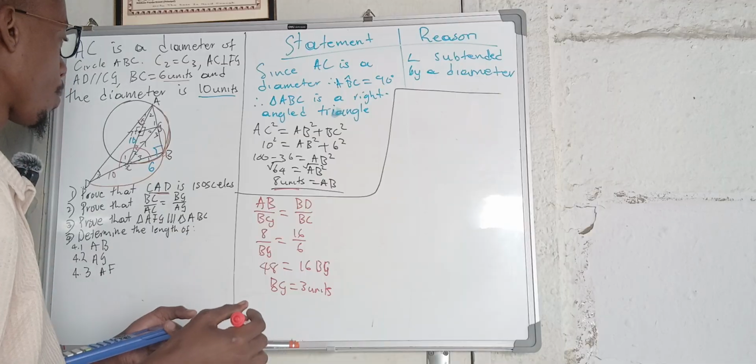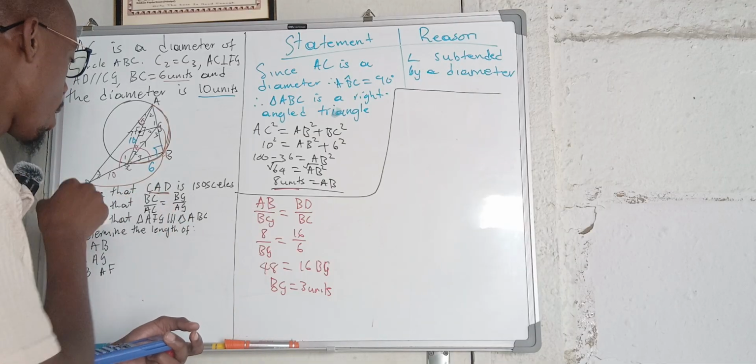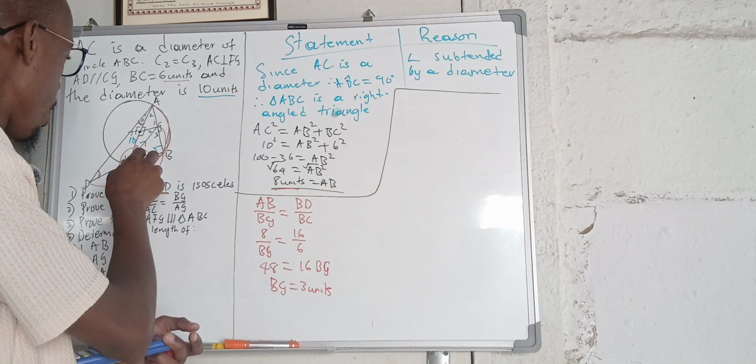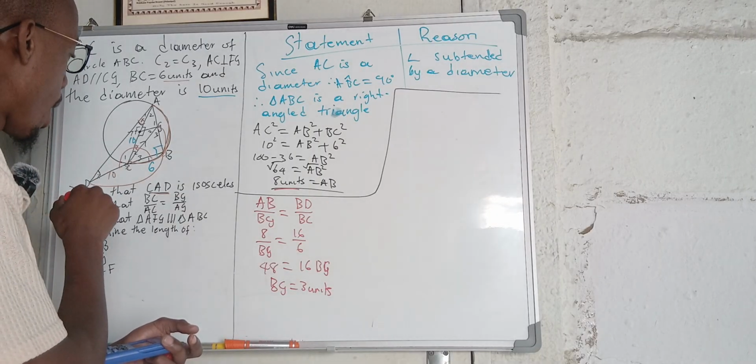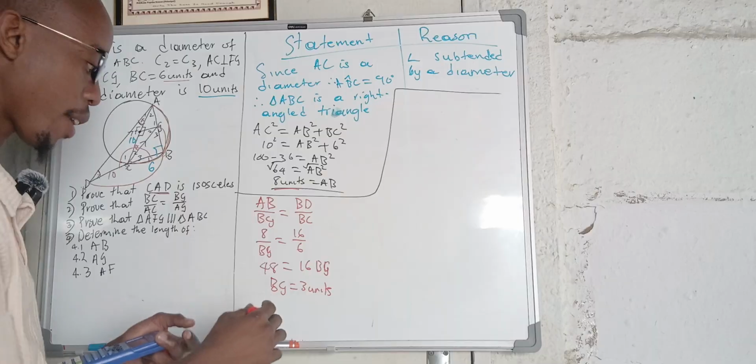Now, the question said I need to show BC all over AC, and I also need to do BG all over AG. How can I find AG?